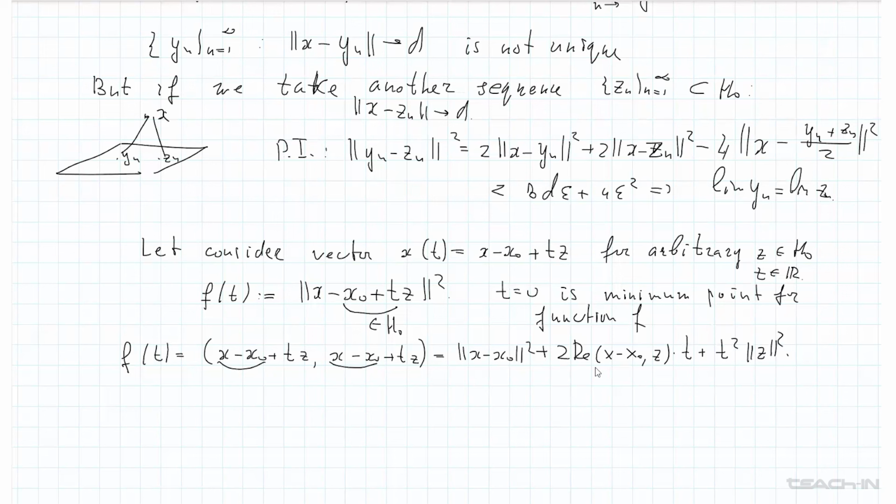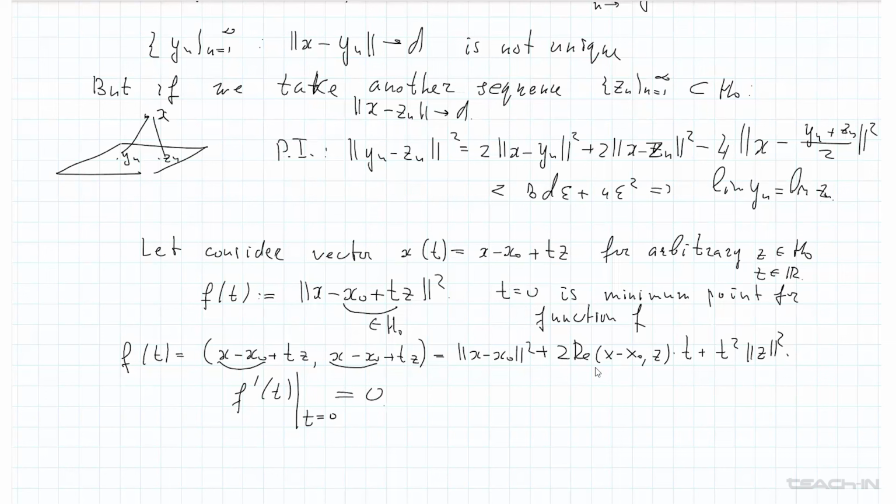If this formula is clear, and f(t), because t equals 0 is a minimum point, the derivative equals 0 at this point.